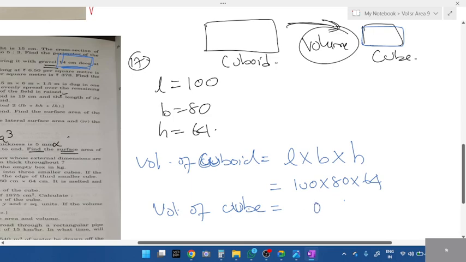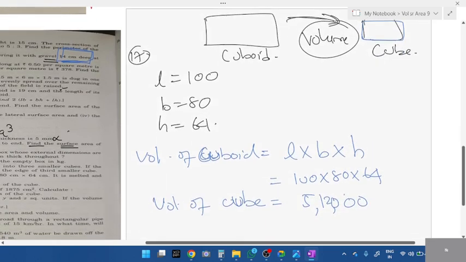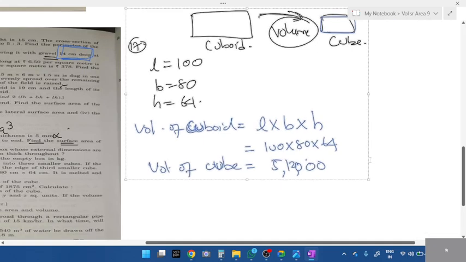So there are 3 zeros. 5 lakh 12,000, right? 5 lakh 12,000 liter, whatever is there, students.